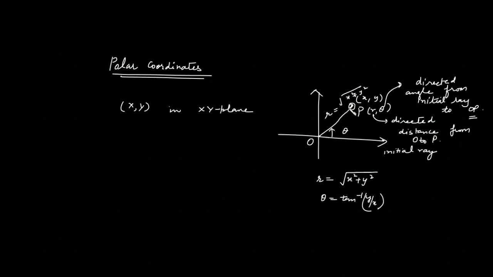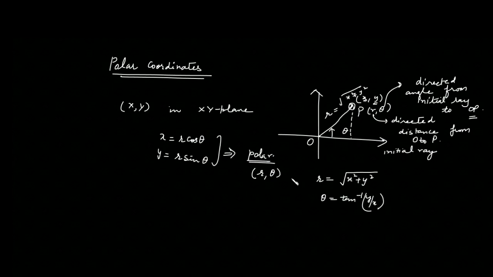So if you are having any point in Cartesian coordinates x and y, then we can put x to be r cos theta and y to be r sin theta, and we can convert the Cartesian equation into polar, having the coordinates r and theta.